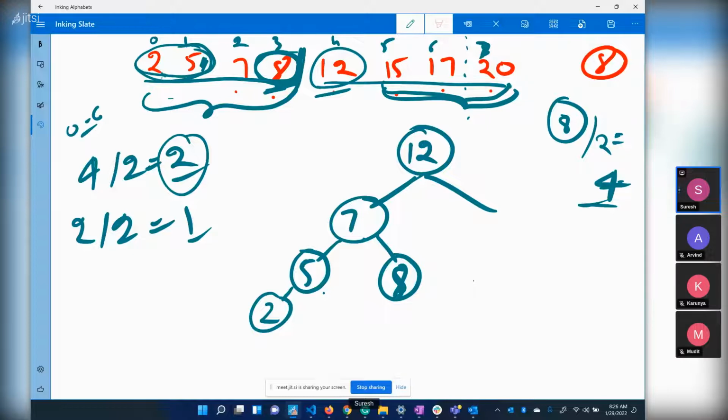How many elements here? We have 3 elements. 3 by 2 equal to, how much will it be? Integer value. 1. But if it is 1, are you going to take the value at 1, which is 5? Are you going to take the 5 and put 5 here? No, because 5 is already placed here.